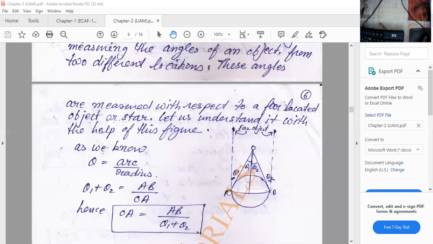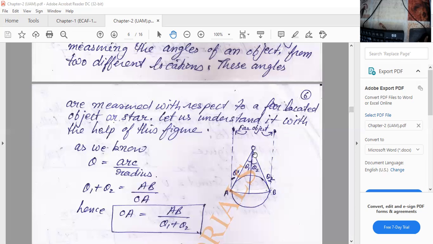Now, the second time we go to point B. At point B, we again measure the angle subtended by O with respect to the same far object, because it is at infinity, so it doesn't matter where we stand. AB is very small as compared to the infinite distance. This time the angle is theta 2, so this angle is also theta 2.